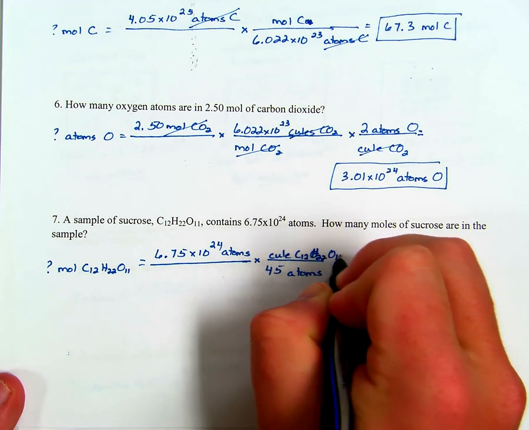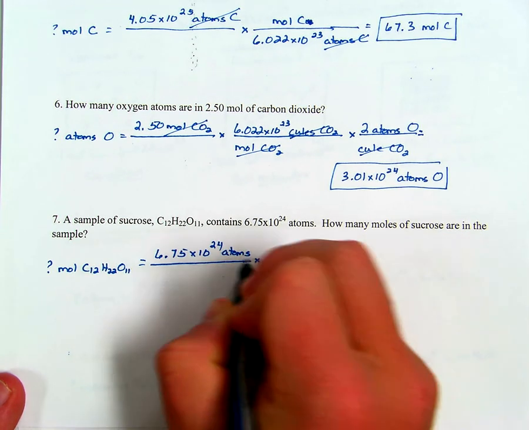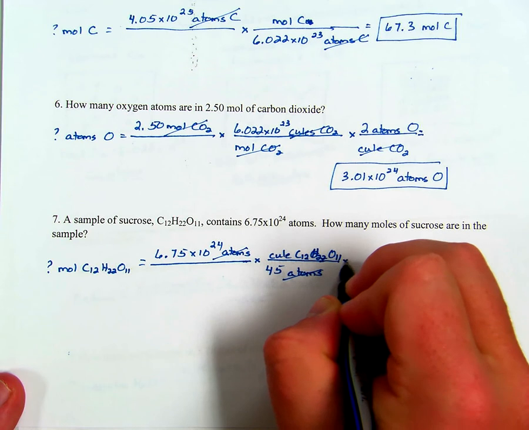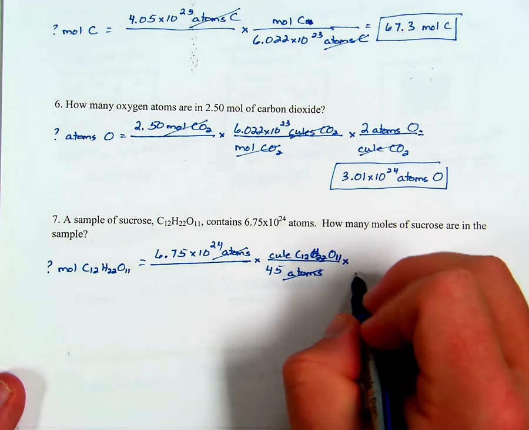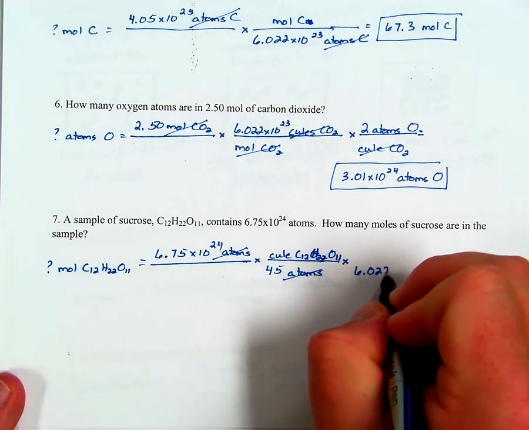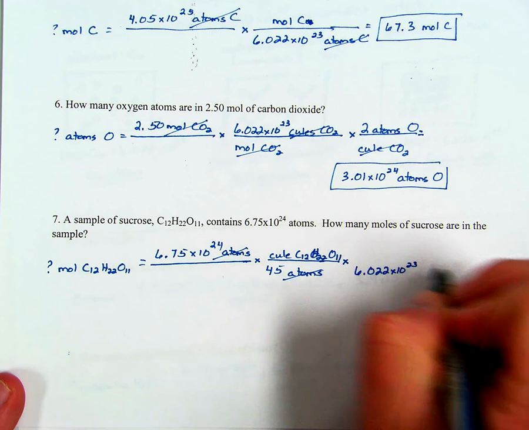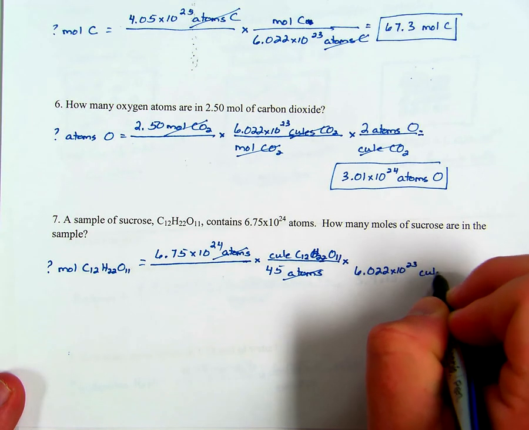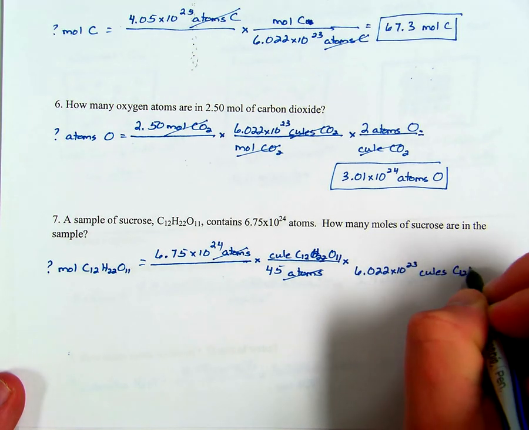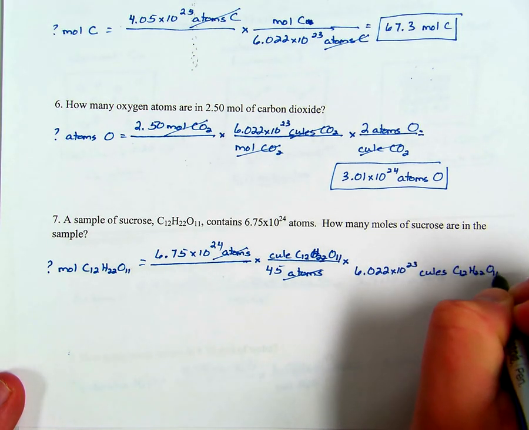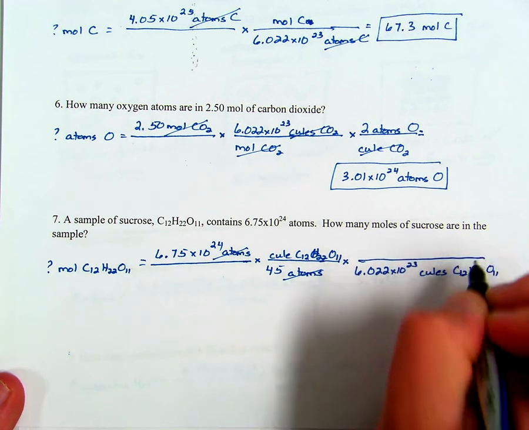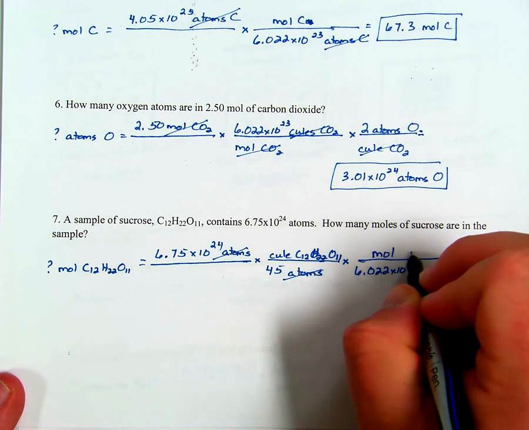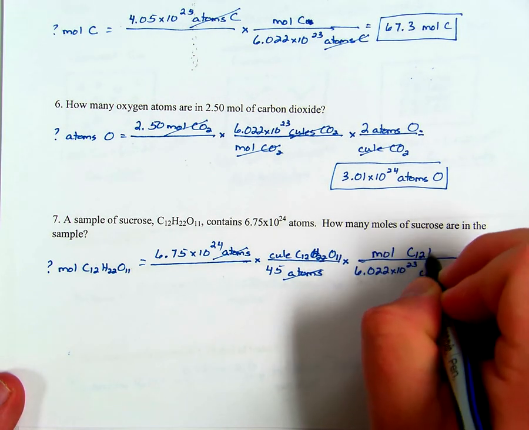Now I can use Avogadro's number. I know that there would be 6.022 times 10 to the 23rd molecules of C12H22O11 in every mole of sucrose, C12H22O11. Now molecules cancel, and we've done the problem.